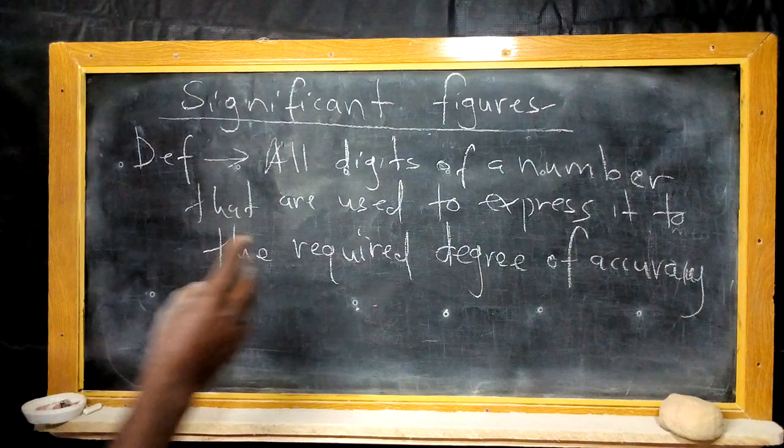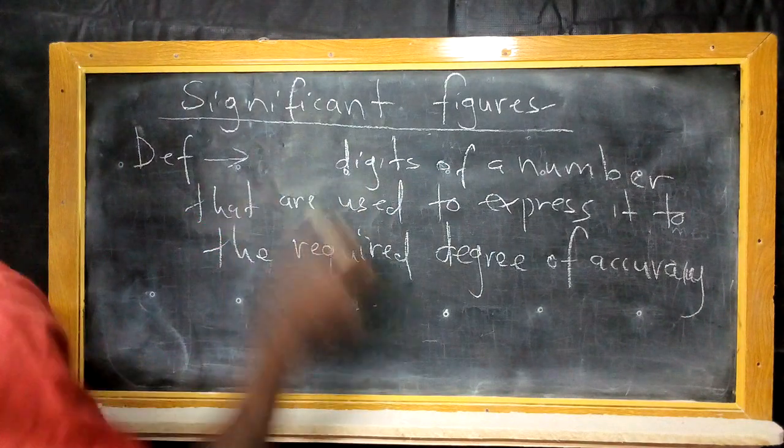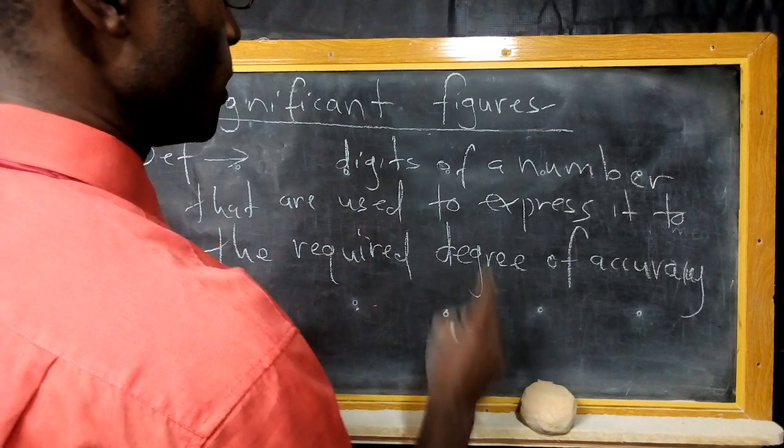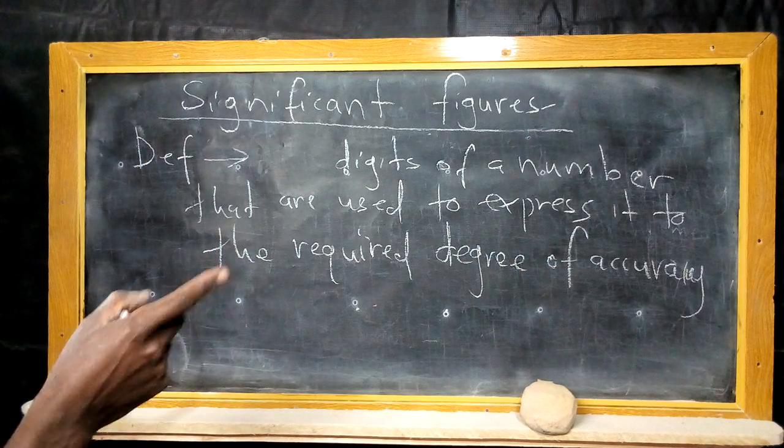So these are digits of a number that are used to express it to the required degree of accuracy.